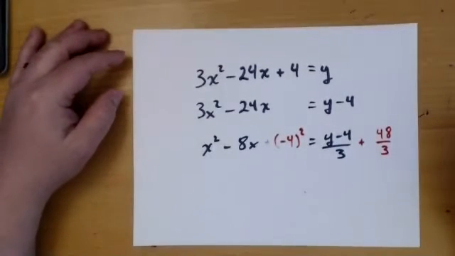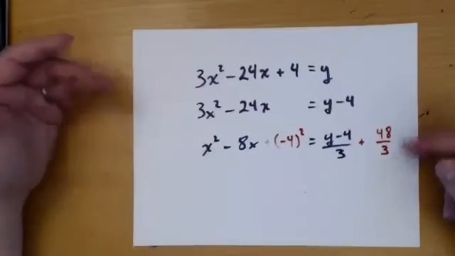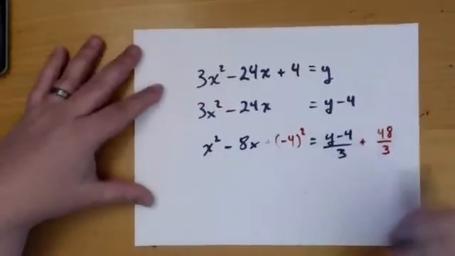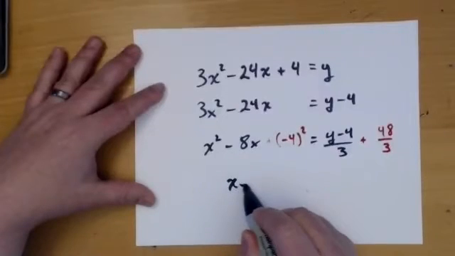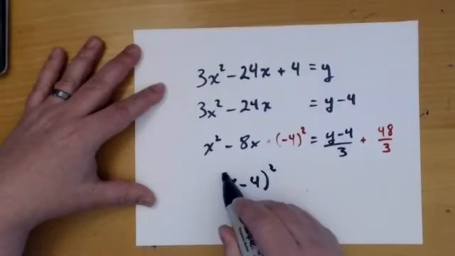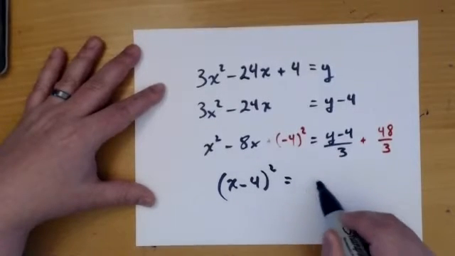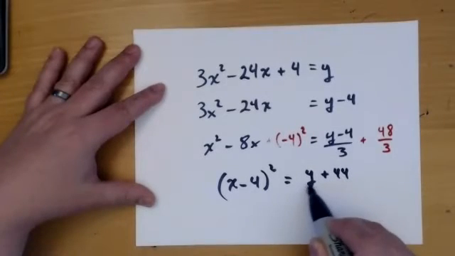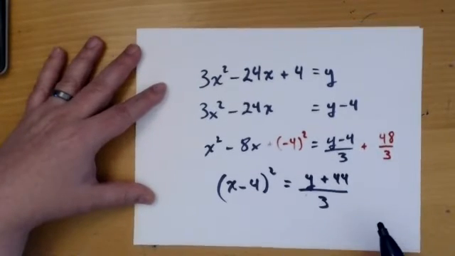Okay. Just because I didn't want to write another step. I'm kind of being lazy about that. And so now I can combine, I can write it out as x minus 4 is equal to y plus 44/3.